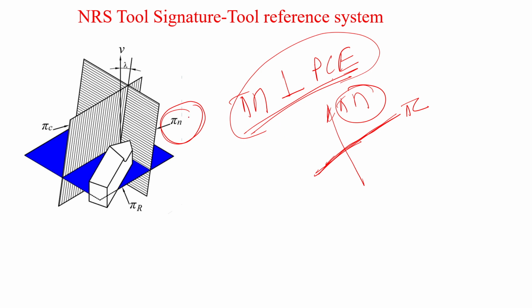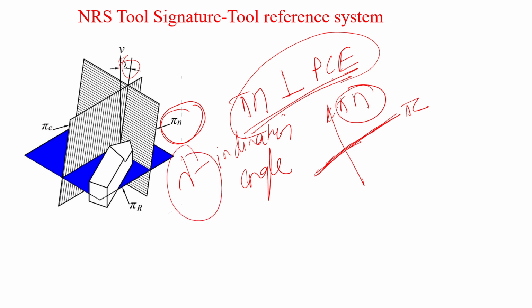When the chip flows, it deviates from the orthogonal plane by some angle, so that it will not flow in the orthogonal plane, it will flow in the normal plane. That angle is called lambda, the inclination angle. When the chip has to flow in the orthogonal plane, because of various reasons it does not, it deviates.